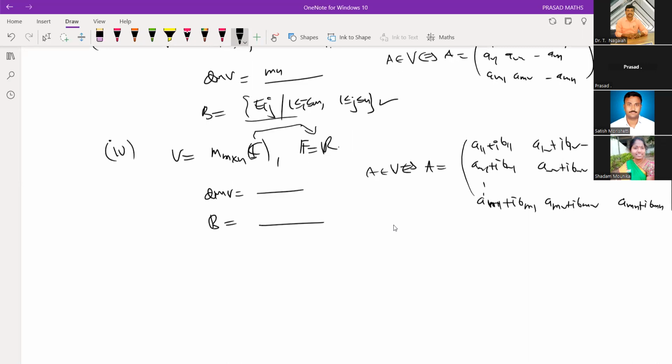So therefore, how many scalars? How many free variables? 1, 2, 1, 2, 1, 2. So the total is mn into 2. Understand? Total entries mn into 2. Because the real entries: n plus n plus n up to m times, therefore m into n.